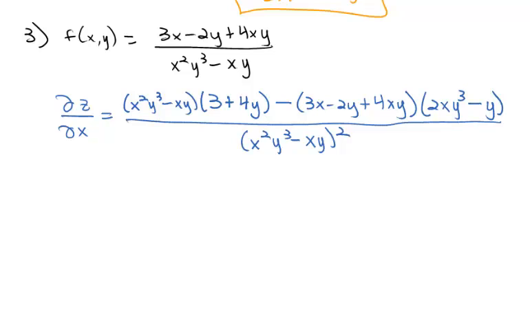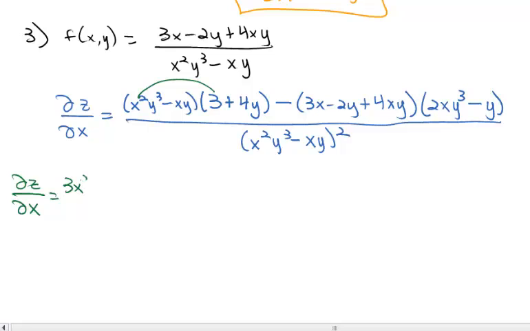And we can multiply this all out and just see what we end up with. So the derivative of z with respect to x, the partial. Distributing, we've got 3x squared y cubed minus 3xy plus 4x squared y to the fourth minus 4xy squared.